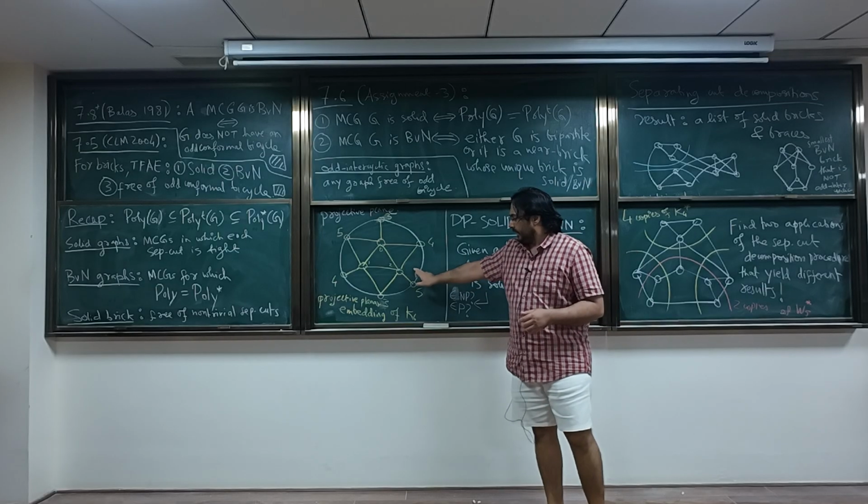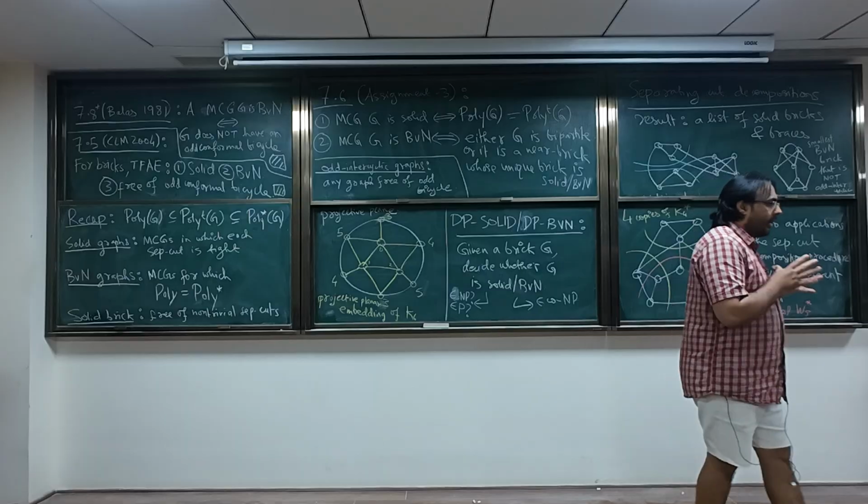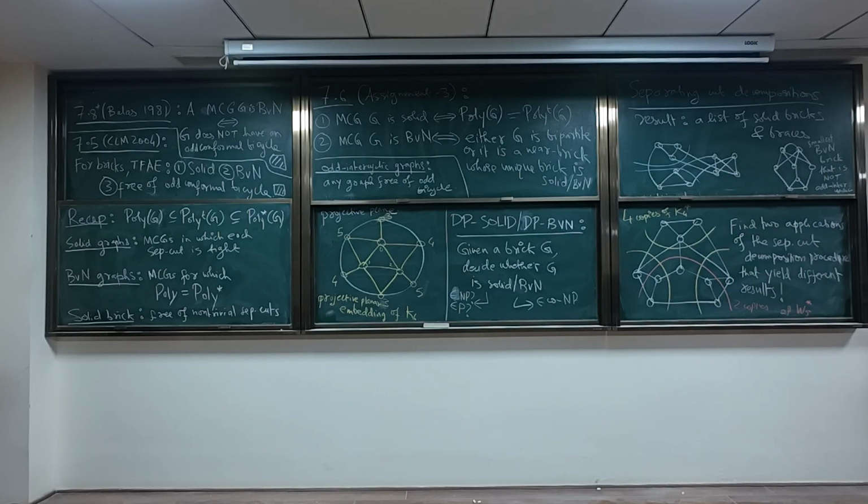Okay, so this is a projective planar embedding of K6. So it turns out that odd-intercyclic graphs, there is a characterization for them. Apparently, this was known to many people. I'll actually read out from Lucchesi-Murty this time.